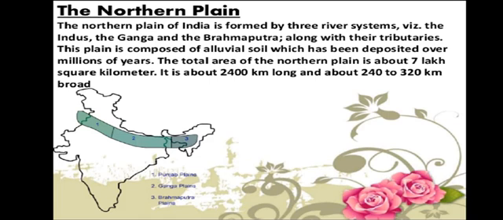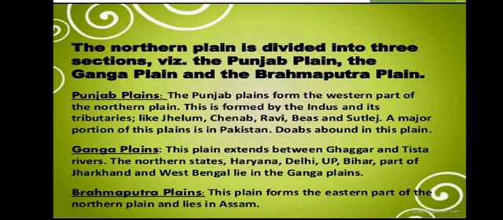It is about 2400 kilometer long and about 240 to 320 kilometer broad, means width, and it is divided into three parts. One is Punjab Plains, that is Indus River. Second one is your Ganga Plains, Ganga and its tributaries. And third one is your Brahmaputra Plains. Now, first of all, let us talk about Punjab Plains. The Punjab Plains form the western part of the northern plains.